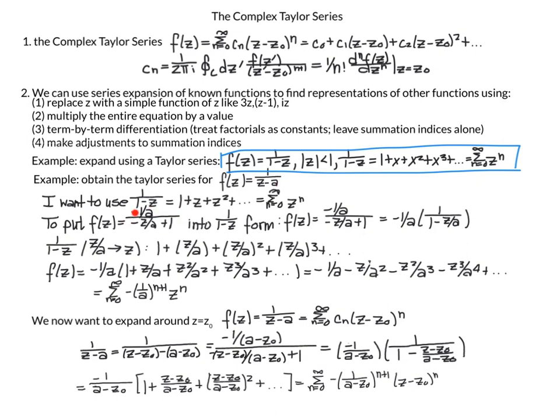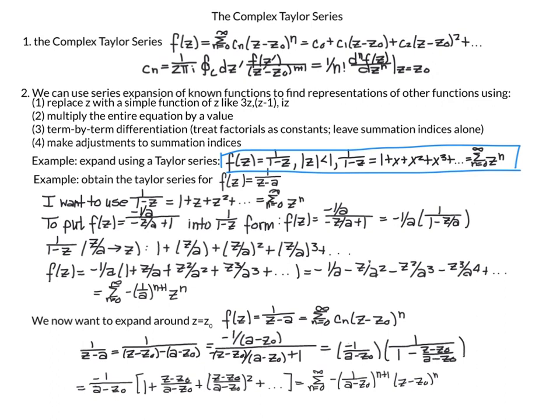So you can see that over here. And then we can factor out this minus 1 over a, and we get 1 over 1 minus z over a, which is exactly this form. We just substitute z over a for z now, and then you can see that we were able to work and finish out that problem.